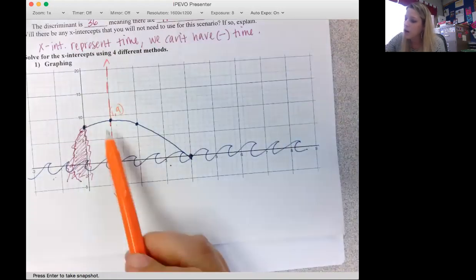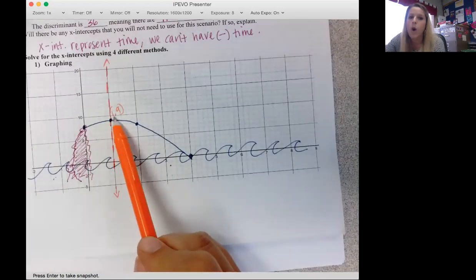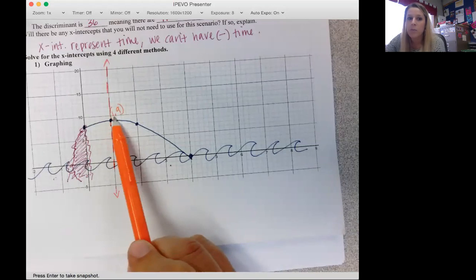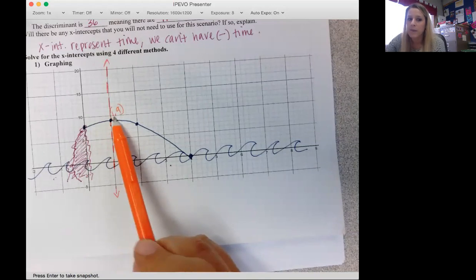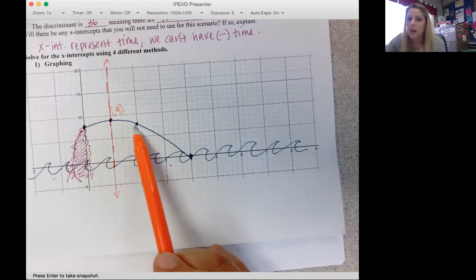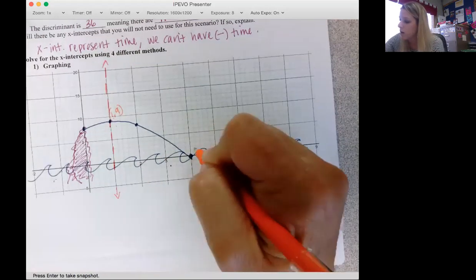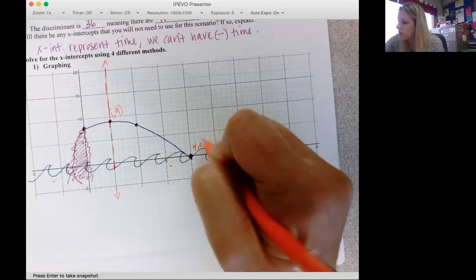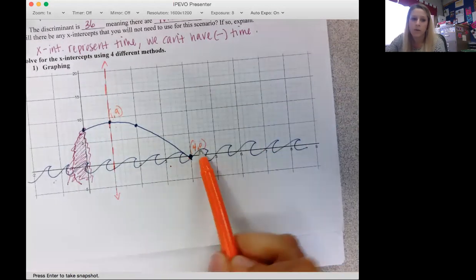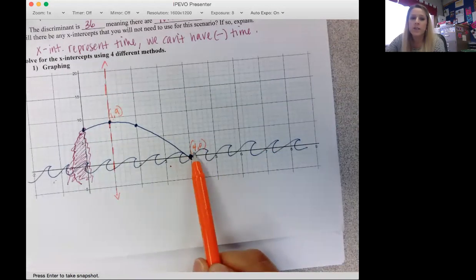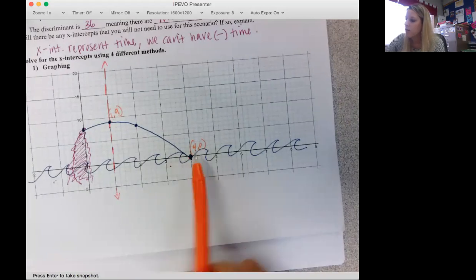Our max height of 9 feet after 1 second. So that 1 represents the seconds, okay? He stayed in the air and fell to the water. So this is the water, and this is 4,0. So he's at 0 sea level after 4 seconds. So that X is representing the 4. So at 4 seconds, he hits the water, okay?